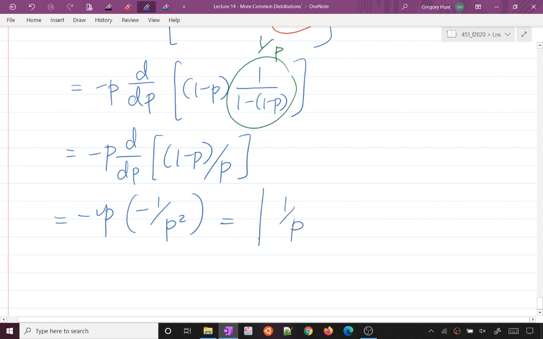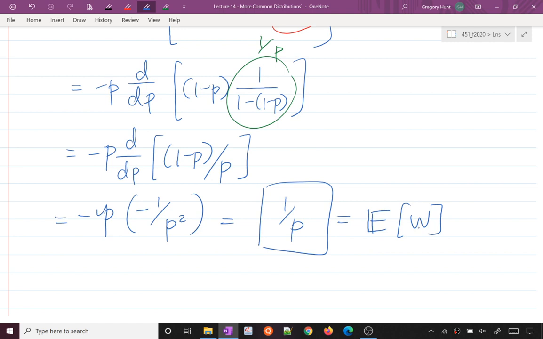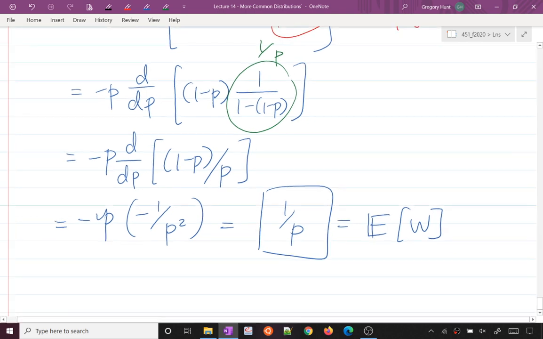I just get 1 over p at the end of the day. And this, of course, was our expression that we were deriving for expected value. So that derivative trick is a really useful trick to know for sums. And when you can interchange them, which you can in cases like this, it makes that sum tractable. So our expected value is just 1 over p.